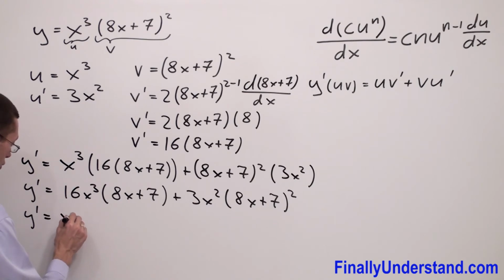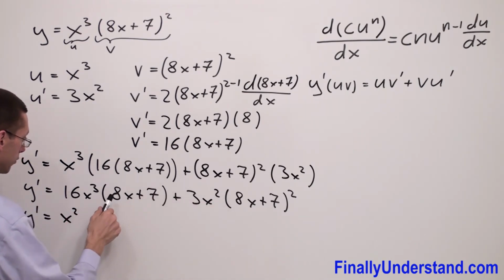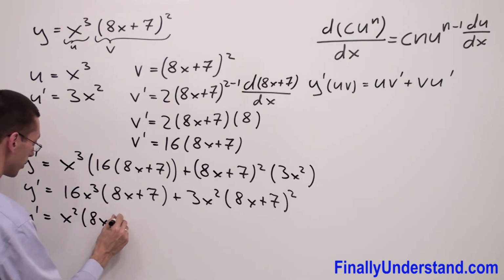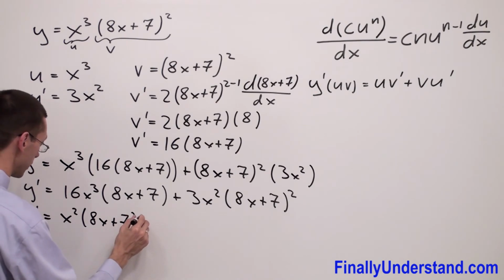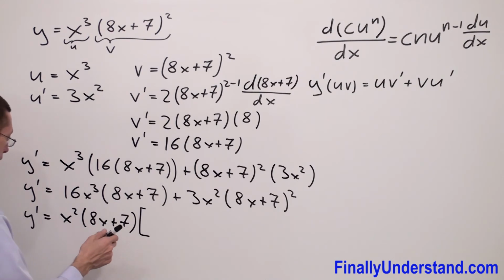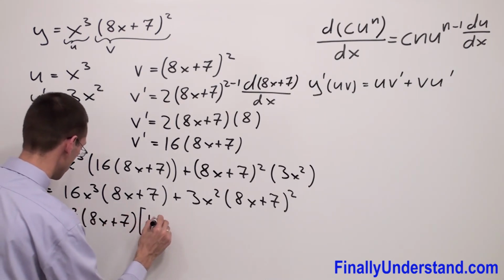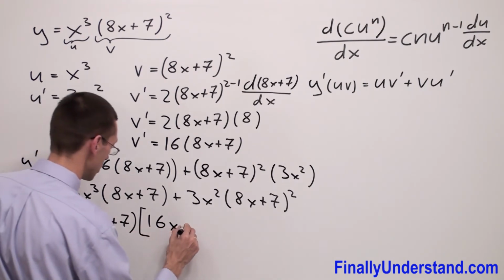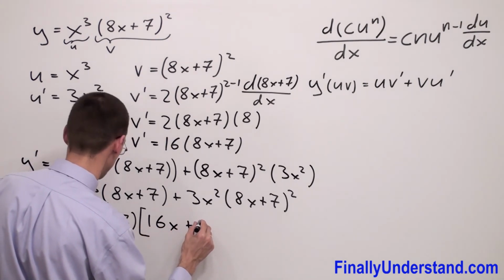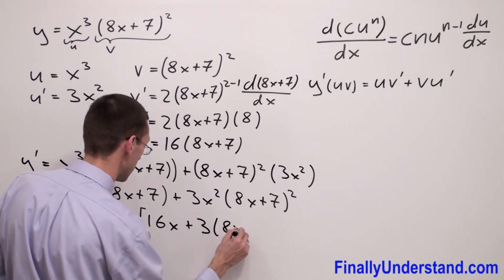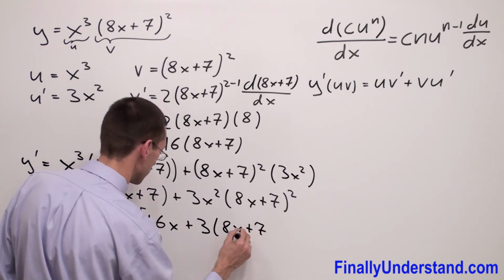So I have x squared, and the common factor, I have the content of the parentheses, 8x plus 7, and everything multiplied by whatever is left. So I have 16x plus 3 times (8x plus 7).